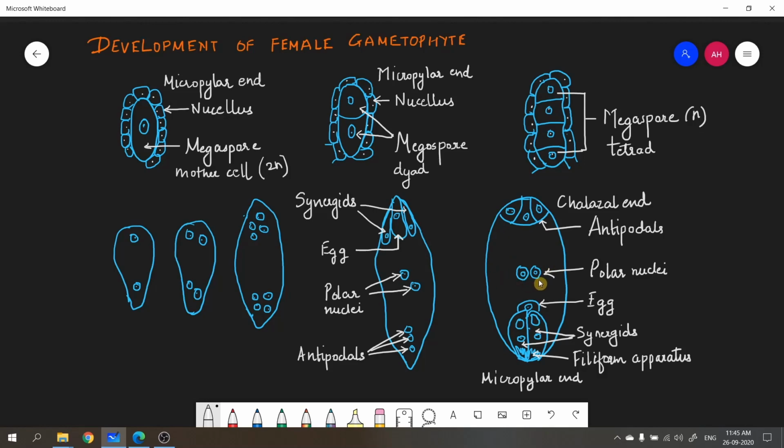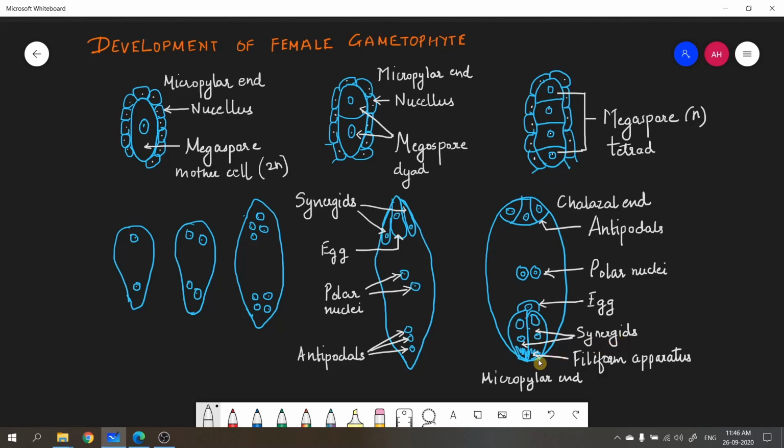Later on, polar nuclei fuse to form something called a central cell or secondary nucleus, which happens just prior to fertilization. And towards the micropylar end, you have this egg apparatus, which consists of the central large cell called the egg, which is the cell that fuses with the male gamete at the time of fertilization, and the 2 other cells are called synergids.